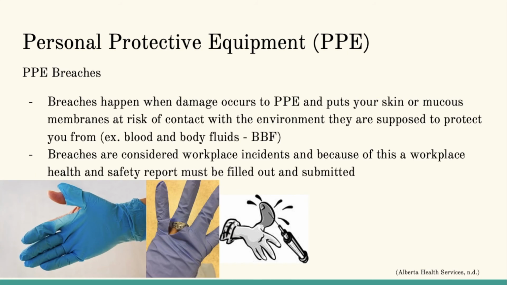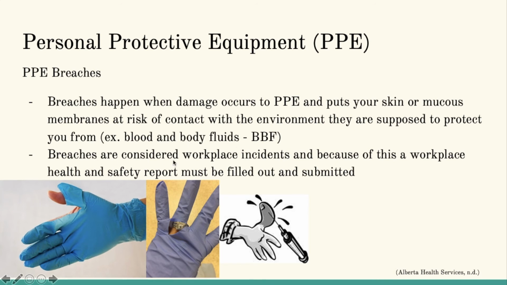So PPE breaches, we talked a little bit about it before with the rings and with the giant 10-carat diamonds ripping through the fingers. PPE breaches can happen when damage occurs to the PPE and puts your skin or mucous membranes at risk of contact with the environment. They're supposed to protect you from blood and body fluids.